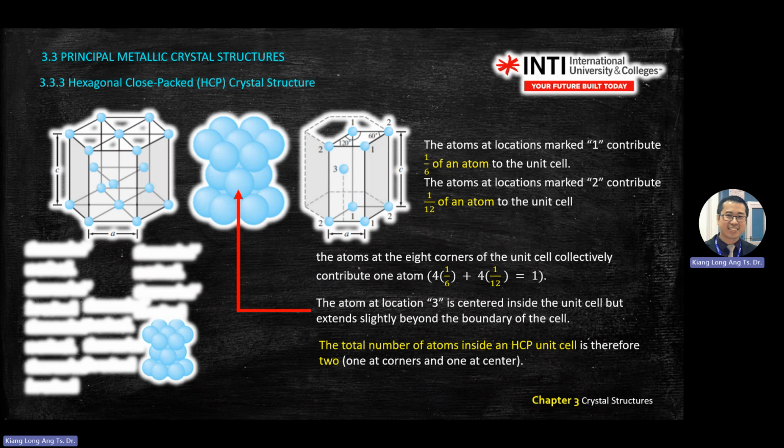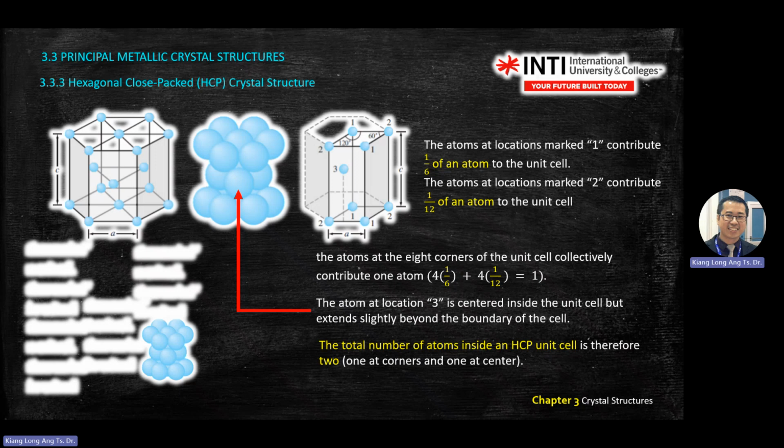If you cut in this cube, sometimes you see, sometimes you don't see. It depends on the orientation. So total number in the cell, you can say maybe number 2 at most, because at the 8 corners, you get 1, and 1 at the center. So maximum is 2 for HCP.